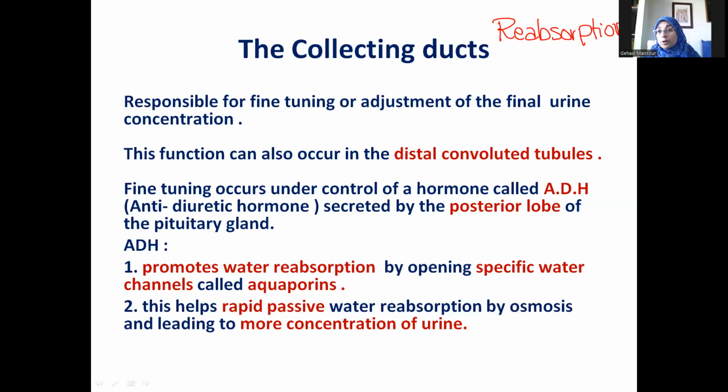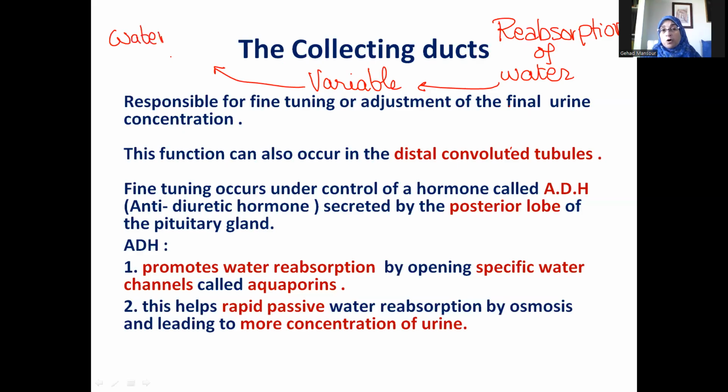And of course, adjustment doesn't mean that every time I will reabsorb a constant volume of water, but this volume of water, which is reabsorbed, is variable according to your water intake, variable according to the weather and the temperature of the environment around you. And that's why we say final tuning.